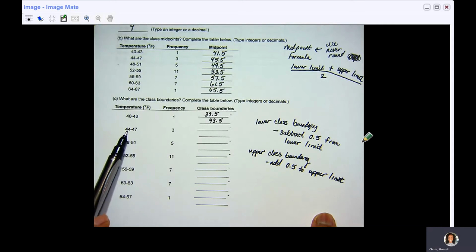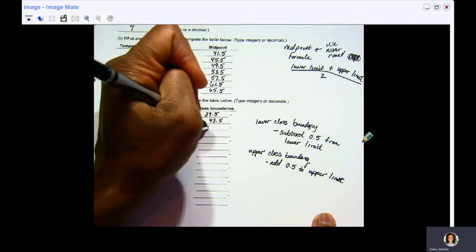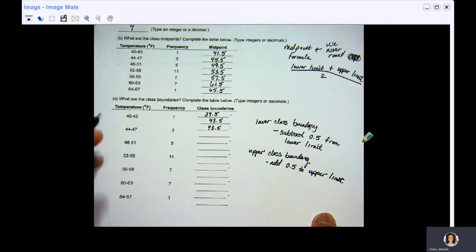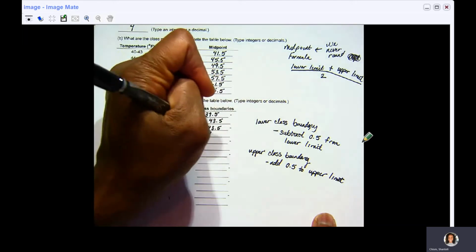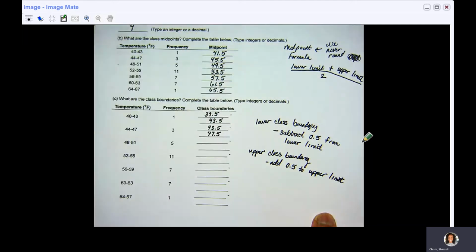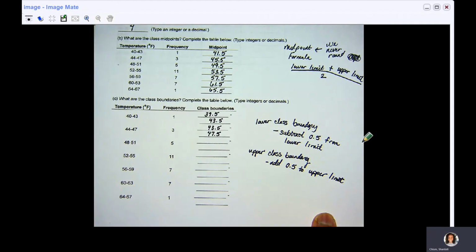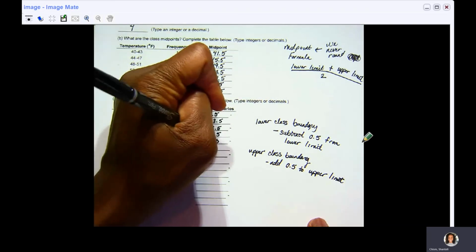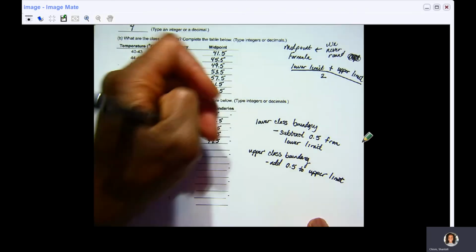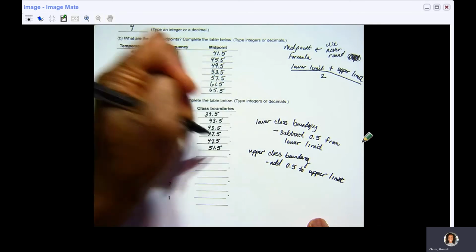Now for this lower limit, you will subtract 0.5, which is going to give you 43.5 again, and then you will add 0.5, so you get 47.5. So what's happening is it's getting rid of the gap where one class stops and the next one starts. Let me do a couple more of these and then stop. I would subtract 0.5 from 48 and get 47.5 back, and add 0.5 to 51 and get 51.5.